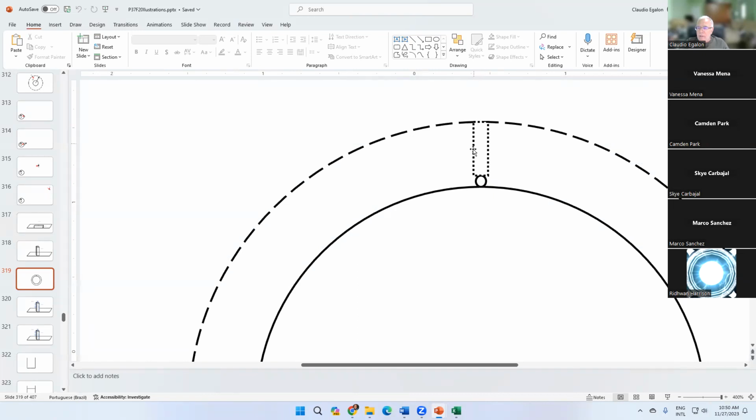At the top, we have this huge column of air that's exerting a pressure on us, on my head, okay? And this column of air has a certain weight, a certain mass.